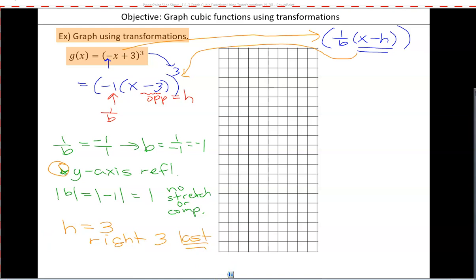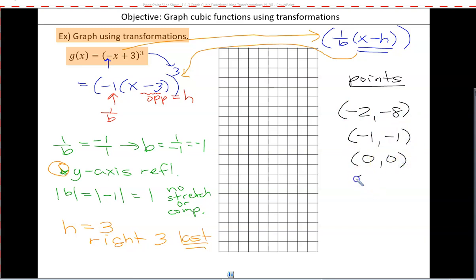All right, so cubic function with that exponent of 3, that tells us those points we have to transform come from our parent function. So they are always negative 2, negative 8; negative 1, negative 1; 0, 0; 1, 1; 2, 8.